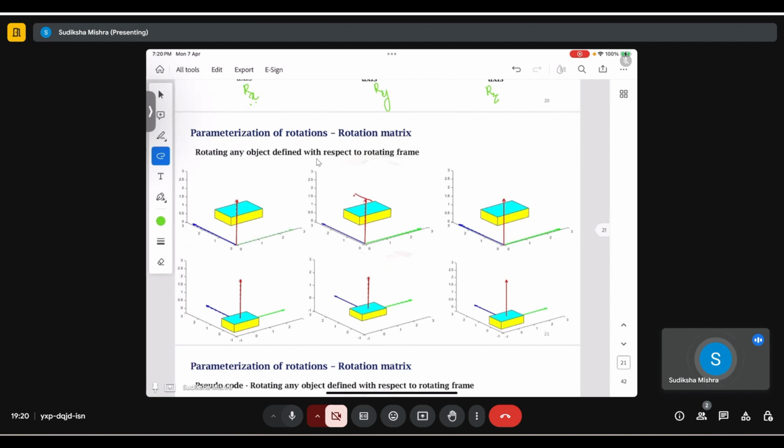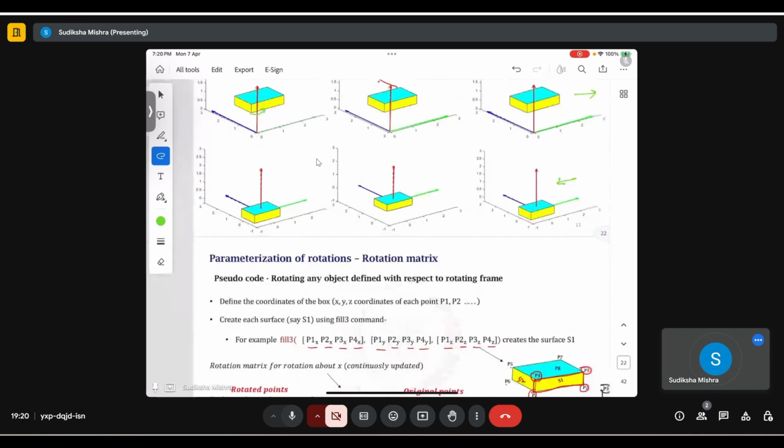And these are more animations where these objects are at some distance from the frame and are rotating with the frame. This is the rotation angle, whereas in these the object is present at the origin of the frame.